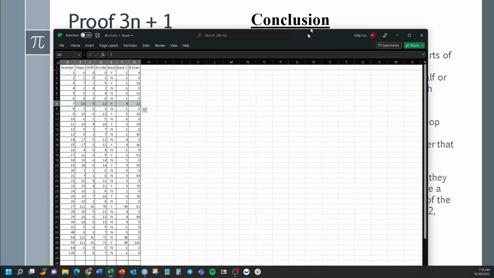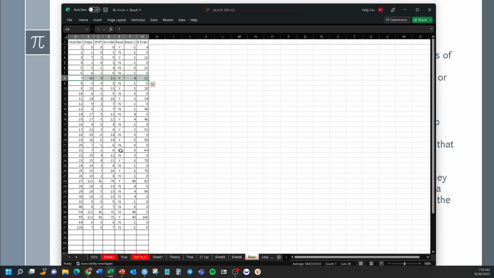When I plug in the numbers here and get my shift, divide, and base, how many steps, there's no two numbers that are going to have... Look at 20 and 21 on here.